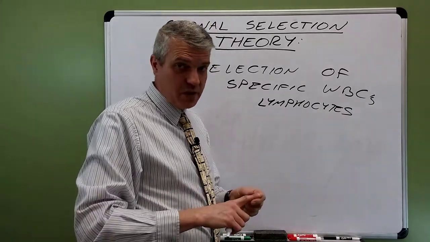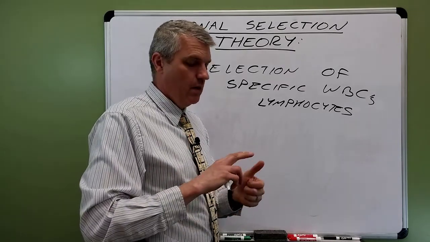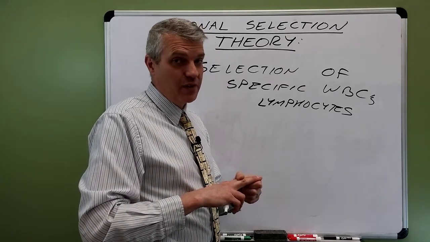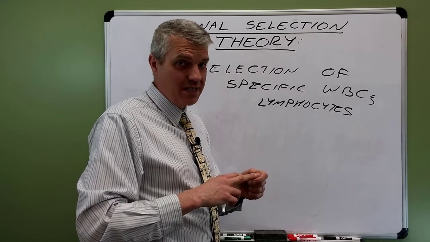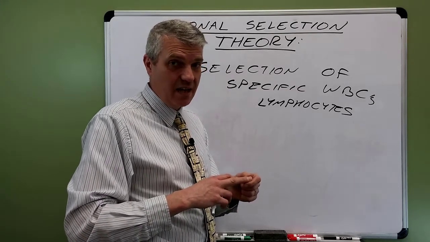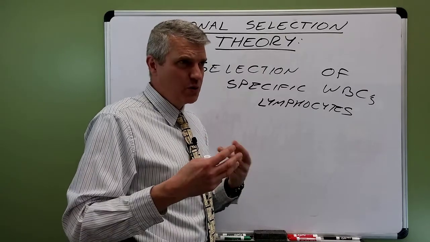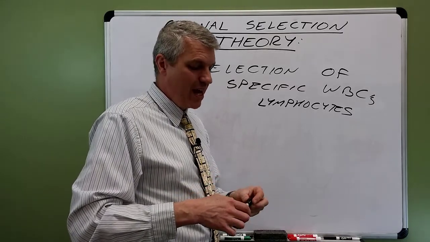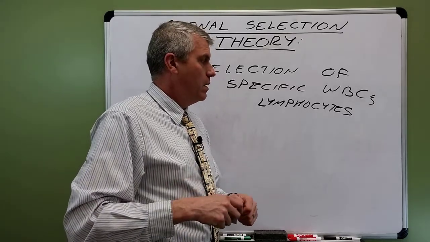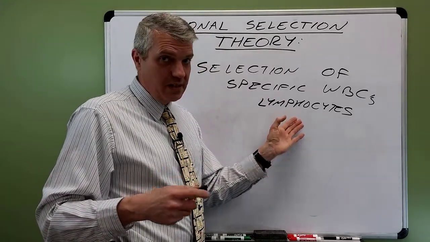We have B lymphocytes, that's the one I'm going to talk about in detail, but we also have T lymphocytes, and T lymphocytes consist of T killer cells or cytotoxic T cells and T helper cells, also known as helper T cells or Tregs, because they help to regulate the immune system. But it's a selection of specific lymphocytes.